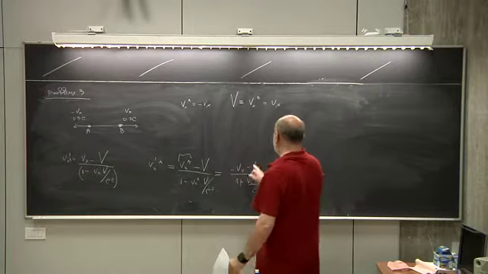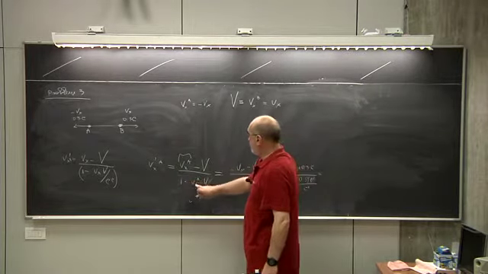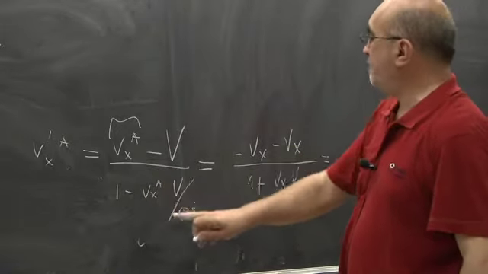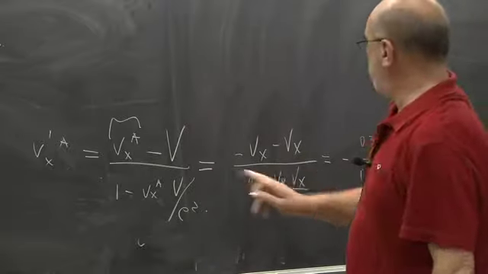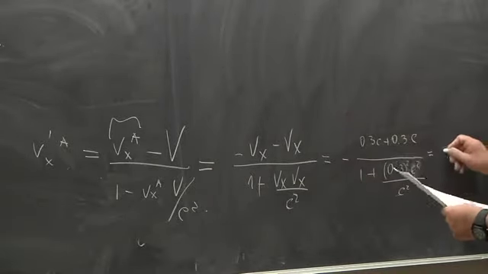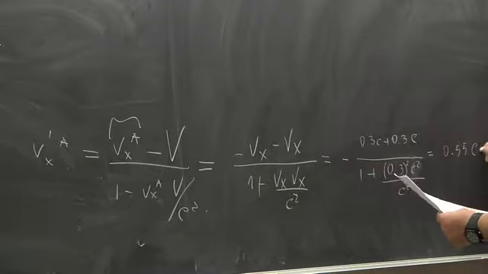So you insert all that. Here you get a minus, because Vxa is minus Vx, so you get a plus. You get this number, and so on. Now, if you do this calculation, what you get is 0.55c.